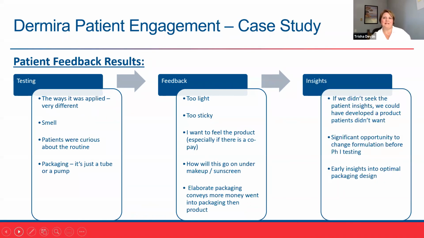And so with these insights, as I said, these insights changed the trajectory of our product development. We've developed a product that is a little bit heavier than what we originally thought. We also wanted to ensure that the formulation was what people wanted.